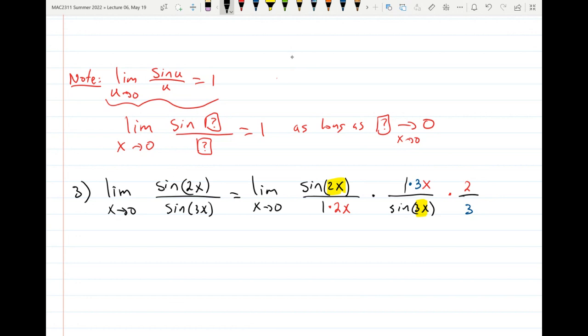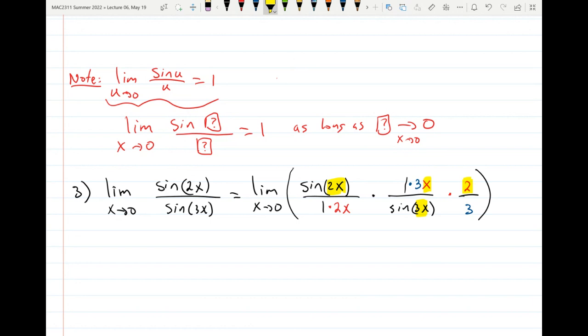So again, hopefully just make sure that you see the order in which I did the steps. First I split it, right? And then the sine of 2x is on top, so I need a 2x in the bottom. I put it, but then I have to have 2x on top. So here is a 2, and here is an x to compensate that 2x that I put in the bottom. Similarly, I have a sine of 3x.